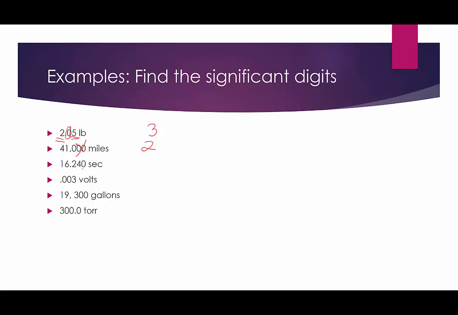All right, this is at the right end of the decimal, so that makes this significant, so that makes there 5 significant digits. These are at the left end of the decimal, so these are not significant, so that makes that 1. If everybody's getting these. Again, these are at the right end of the whole number, so these are not significant, so that makes that 3. And this is at the right end of the decimal, so that makes this significant, and we know 3 is significant, so therefore these are in the middle of 2 significant, so this makes this 4.